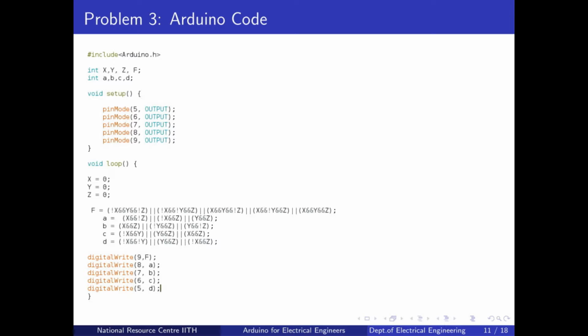In void loop, we will give x, y, z our input variables, as well as computational logic equations. These equations are obtained by observing the Boolean expressions. We change the values of x, y, z when we are dumping the code for verifying the options. Let's see the hardware demonstration.